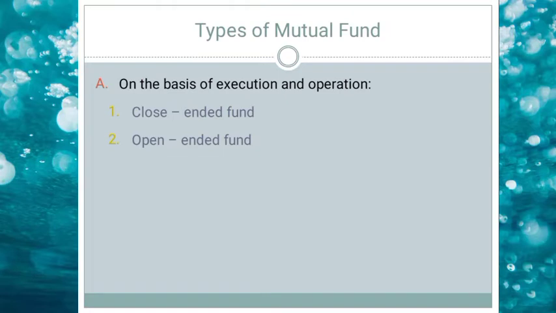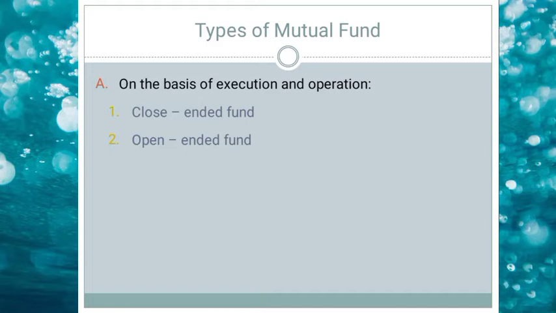Then we started with the types of mutual fund. The first one is on the basis of operation or execution. There are two types: close-ended fund and open-ended fund. The close-ended fund has certain limits, that is, the amount to be raised is predetermined. The opening date and closing date of the fund are also predetermined.